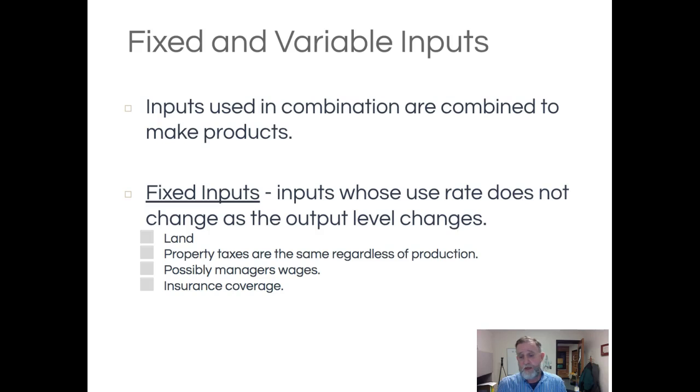So if we were to have a list of resources for any kind of business we might need, and the internet has changed a lot of those things, land might be considered a fixed input.